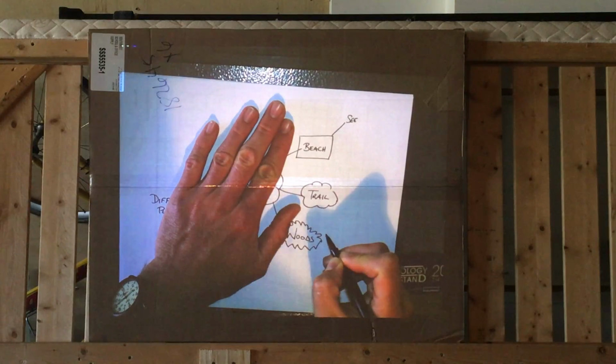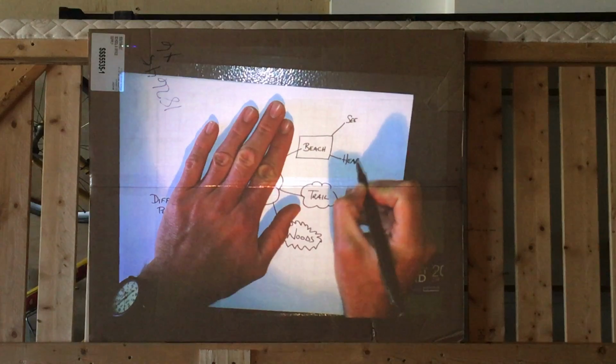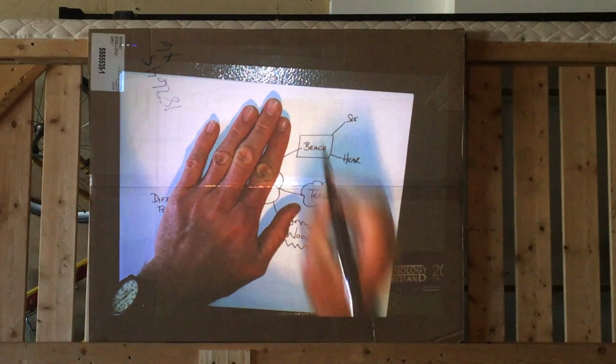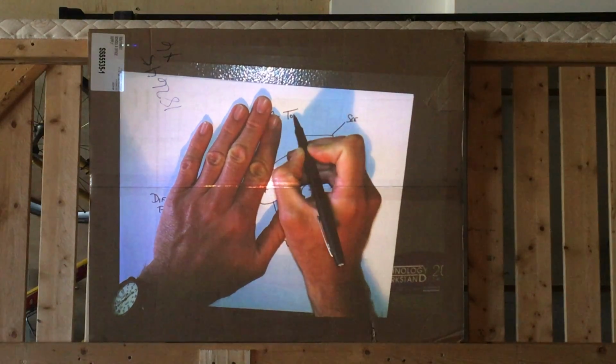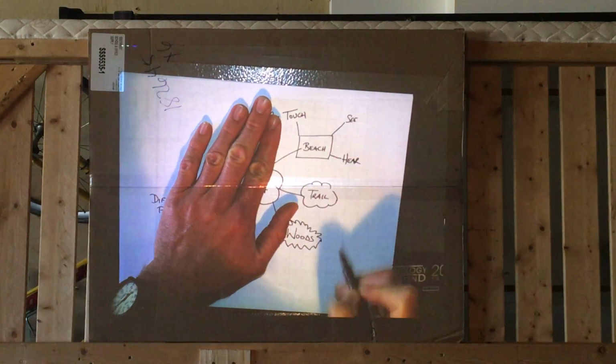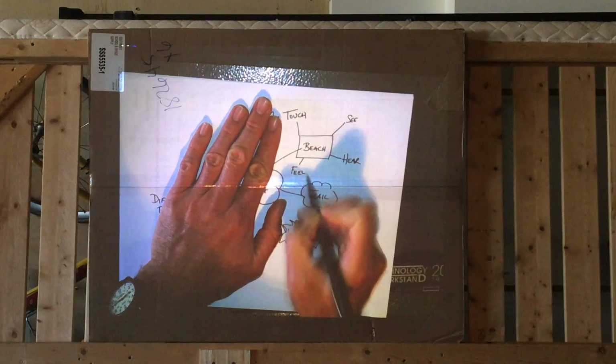I'm going to think about some things that I can hear. I'm going to think about some things that I can touch. And I'm going to think about some ways it makes me feel.